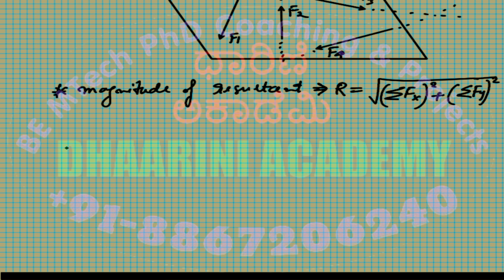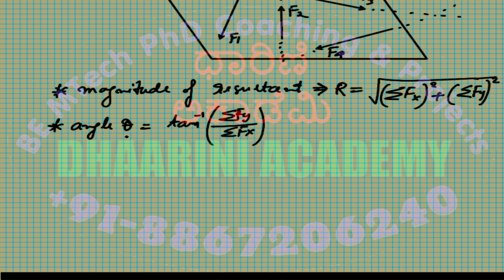Same equation like yesterday. The next one is, once again, I'm going to calculate the angle, theta is equal to tan inverse of summation of Fy by summation of Fx.